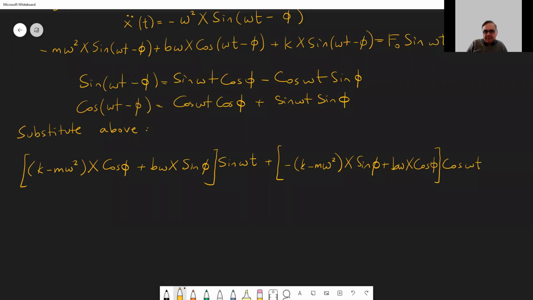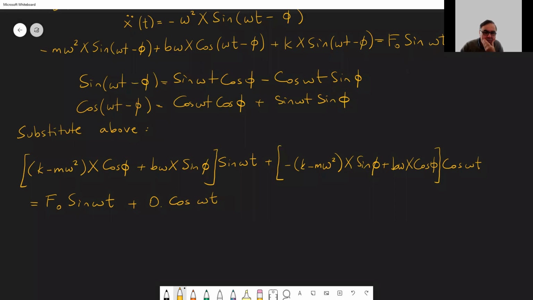Okay, equals, let me write it here, equals f0 sine omega t. Well, let me also write 0 times cosine omega t. Okay.